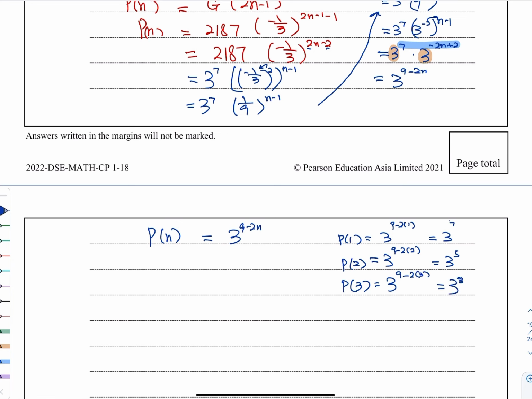So your first term here is 3 to the 7. And then your common ratio is not 3 to the 5. Each time the power is getting less, so it will be 3 to the negative 2. Right? Yeah. So 3 to the negative 2. Each time it's getting that much less.